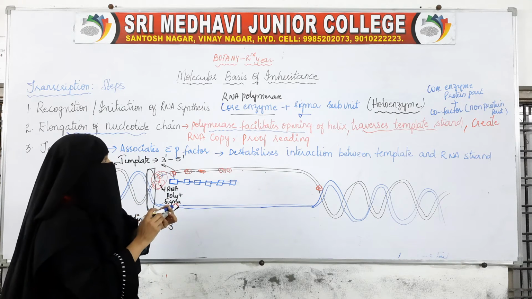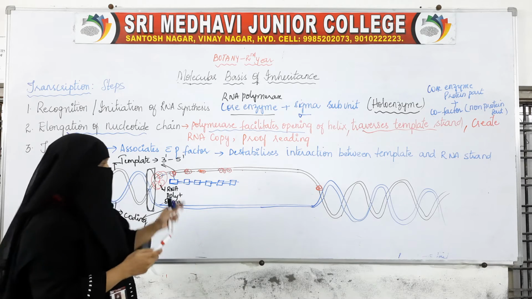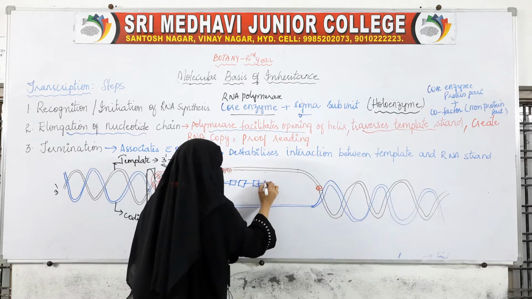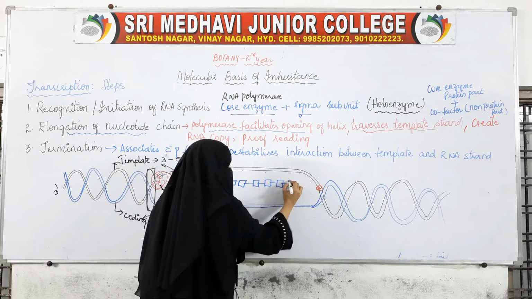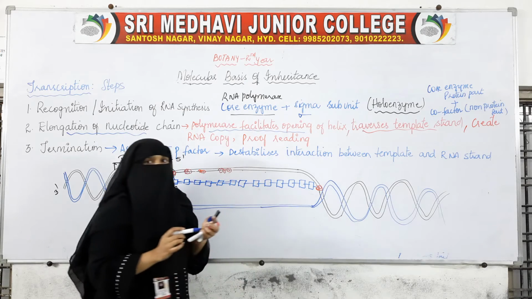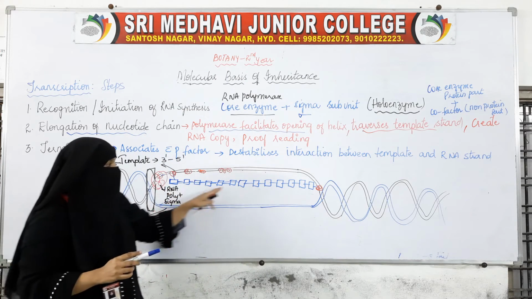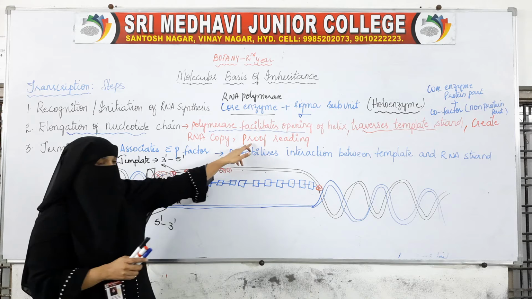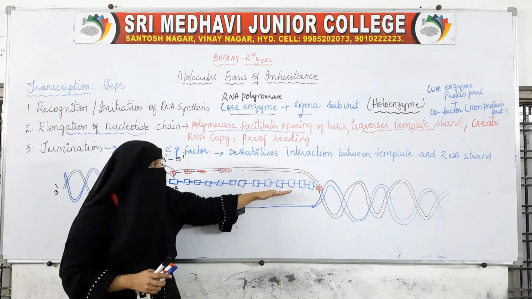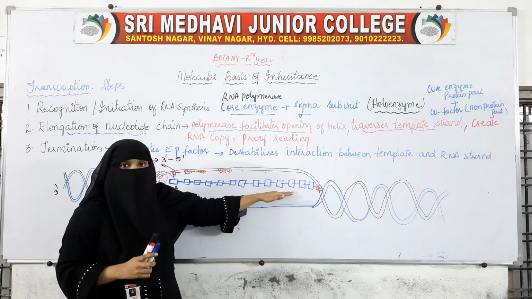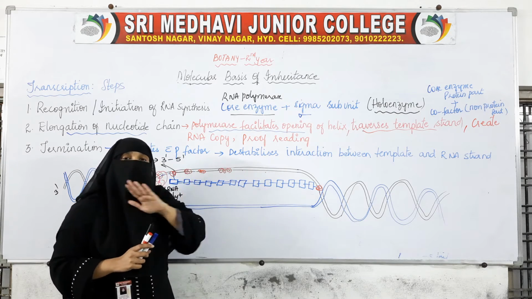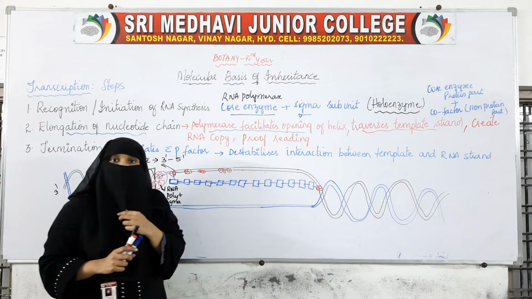After creating the copy of RNA, it proofreads whether the complementary strand, that is the RNA strand, has the correct nucleotide sequence or not.